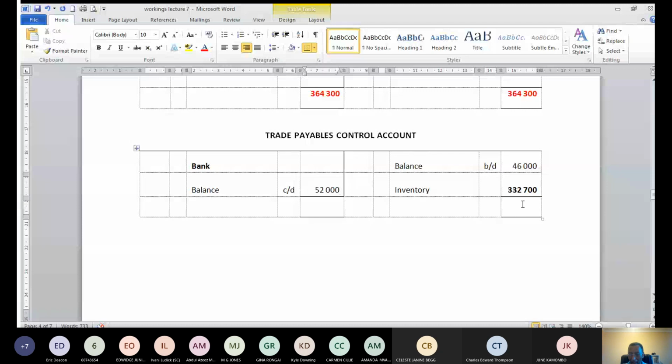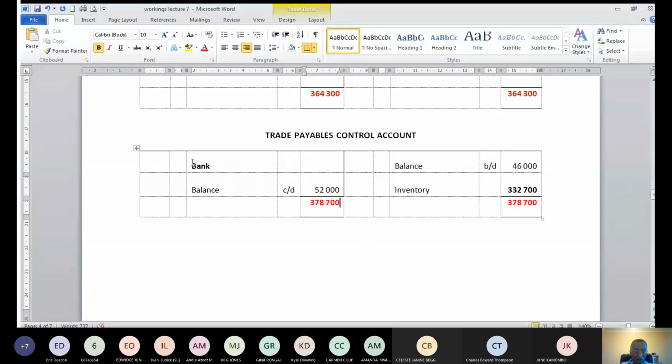You add up on the credit side, and you will have the amount of 378,700. Record that also on the debit side now. We are balancing this account, 378,700 minus the 52,000 Rand balance of your trade payables control.